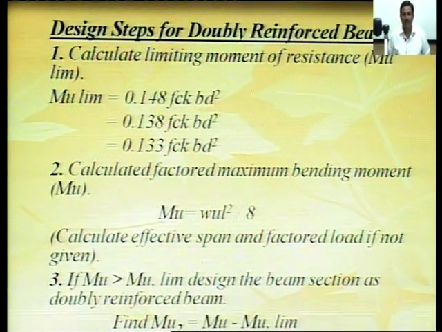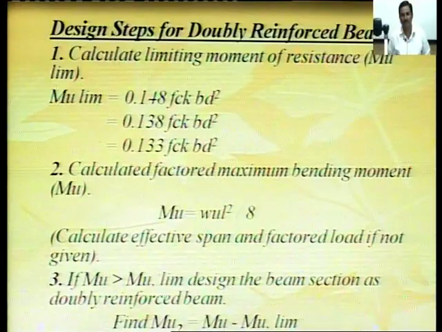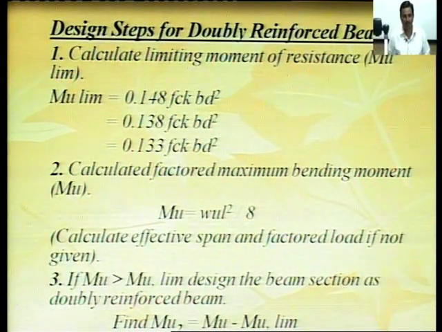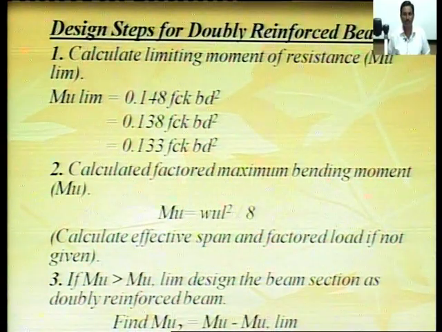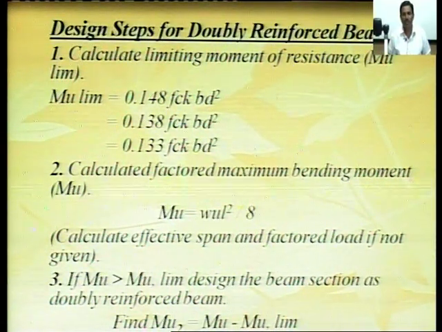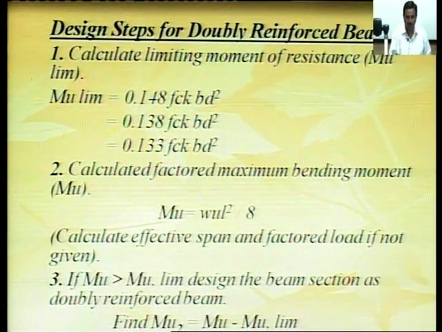Then, in the third step, check whether Mu is greater than Mu limiting. If Mu is greater than Mu limiting, then the beam section is to be designed as a doubly reinforced beam. Then find Mu2 equal to Mu minus Mu limiting.